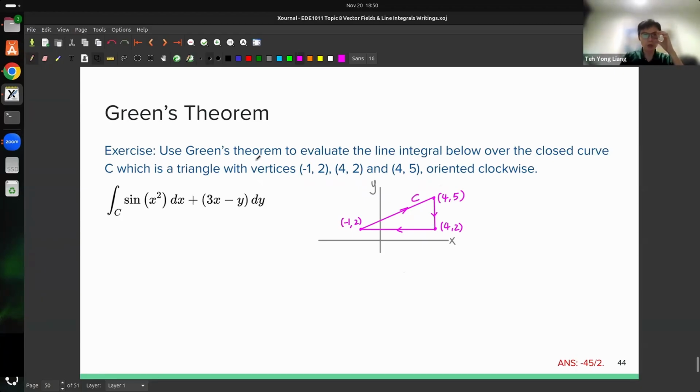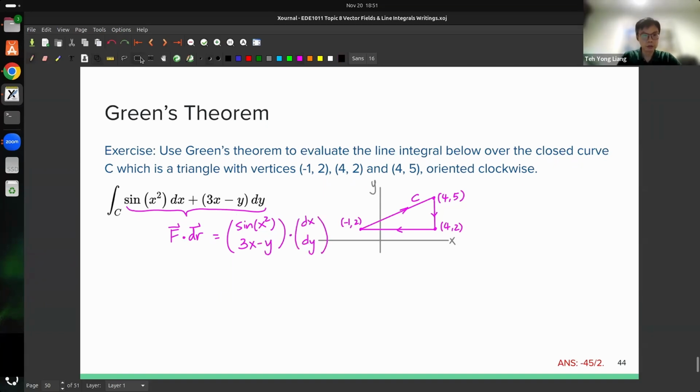Then they asked me to use Green's theorem to evaluate the line integral below. So this is a line integral, and it's written in the differential form. Actually, this form is the F dot dr. So this F dot dr is F1, F2, where F1 must be sine x squared, and then 3x minus y for F2, dot dx dy.